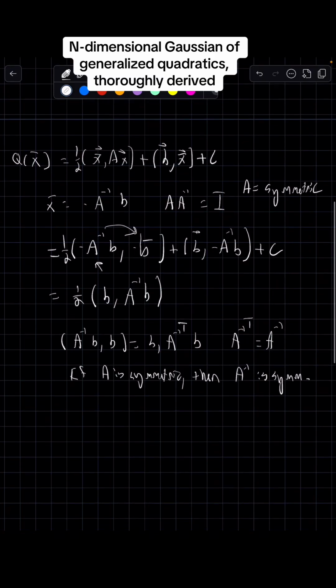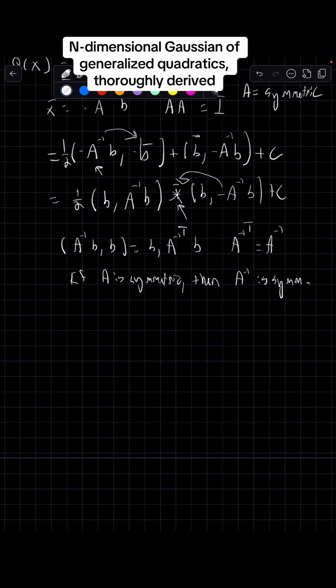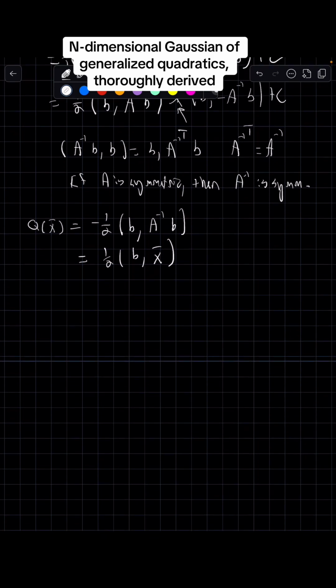Okay, let us continue. And so this becomes plus b minus A inverse b. So we pull this minus sign out, and we get q of x bar equals minus 1/2 b A inverse b, which actually equals 1/2 b x bar.